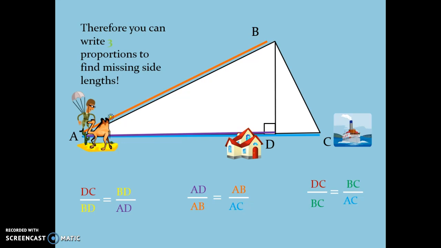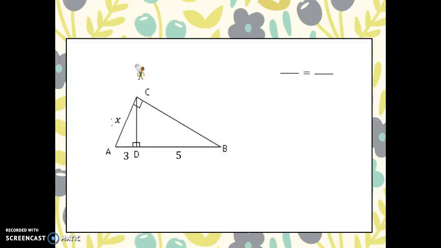Okay, so let's go through an example. This is an example where I'm trying to find the side length x. I don't have enough information to use the Pythagorean theorem because I would need CB. So instead we can use geometric mean because we have the altitude drawn. We have AD, which is 3, and we have DB, which is 5.